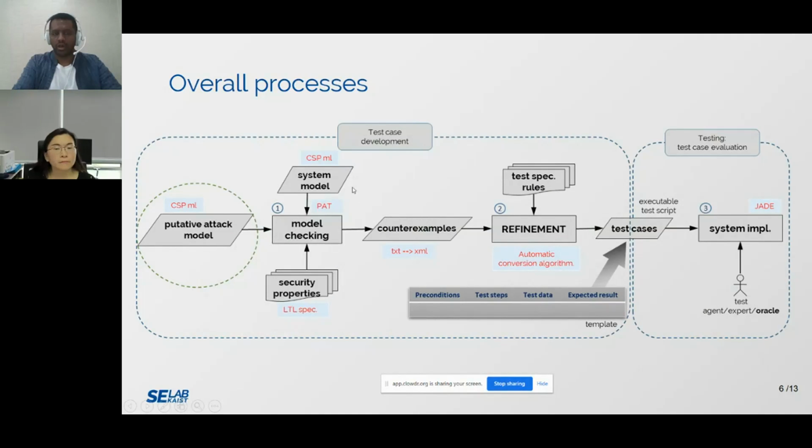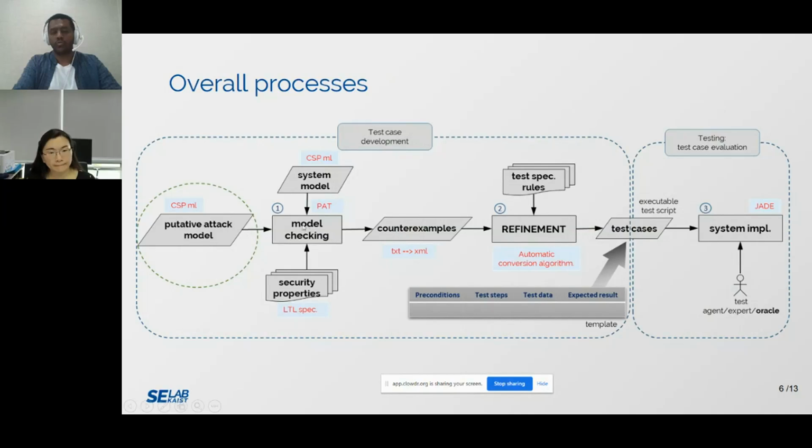Now, the overall process in our approach relies on model checking techniques. So we need to have the system model and also the security properties to be checked or verified. What we have added to this well-recognized approach is the attacker behavior model, and this behavior model can also make differences in the system model and the security properties, and then it generates the counterexamples.